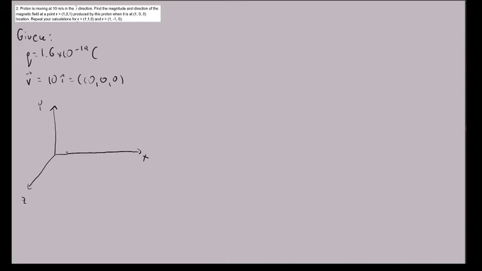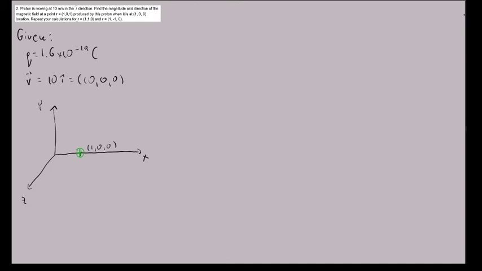Now the proton is at 1, 0, 0, so I'm looking at this here. That means that it's here. This is where my proton is, 1, 0, 0. How about in green? Let's put plus right here. This is where my charge is at 1, 0, 0.